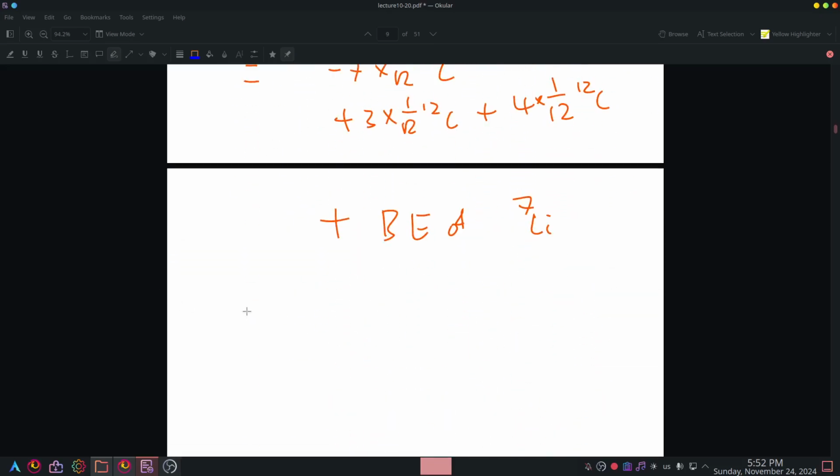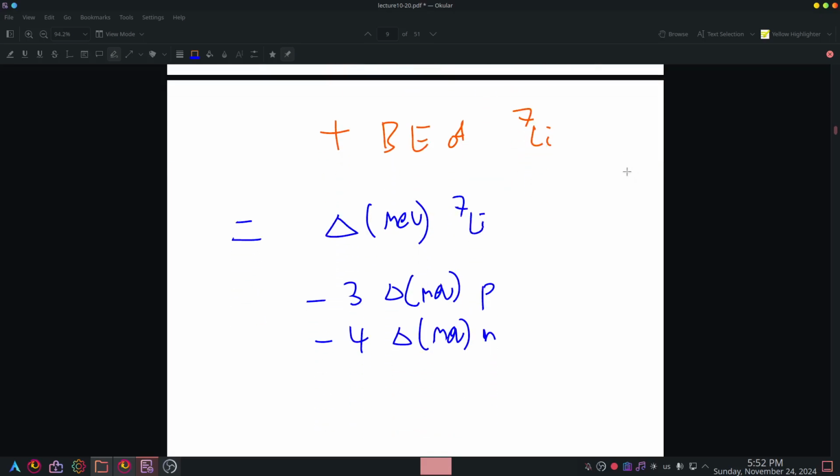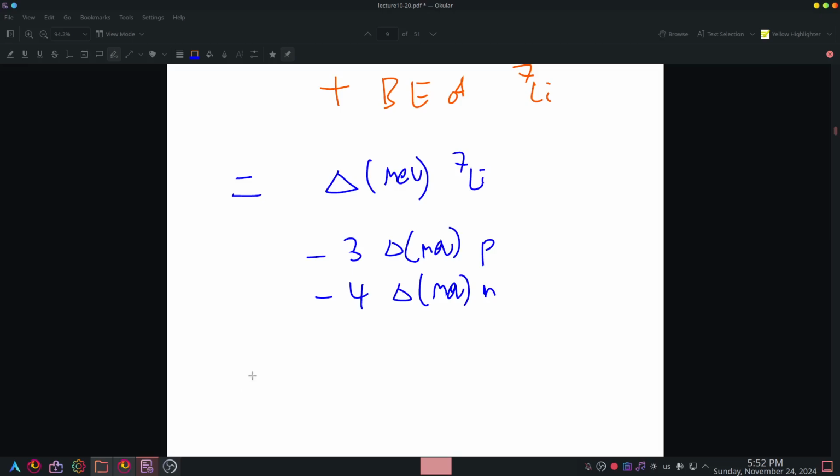The binding energy of lithium can be calculated using the mass excess in MeV for lithium, minus 3 times the mass excess in MeV of the proton, minus 4 times the mass excess of the neutron. Okay, so that is how you will calculate your binding energy.